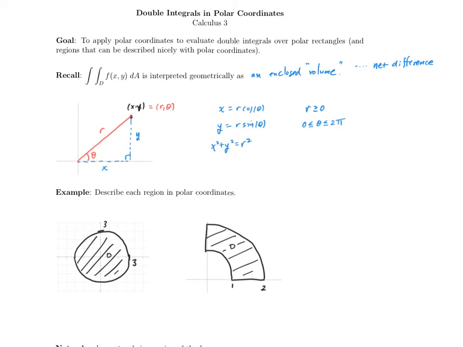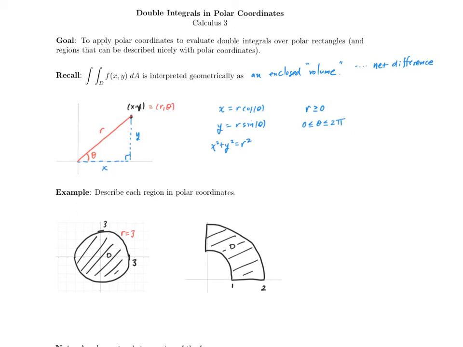To the left, we have a disk D, which is a circle centered at the origin, radius 3, and everything inside of it. Let's see if we can describe this in polar coordinates. The key observation to recall from Calculus 2 is that this outside circle is represented by r equals 3.